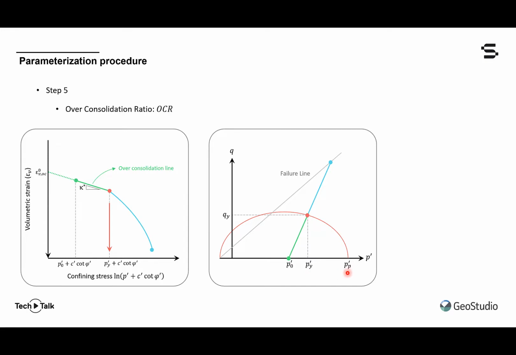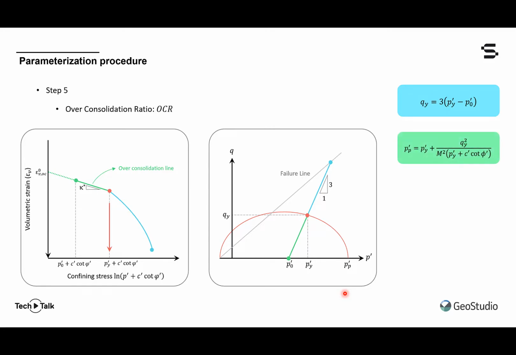These two pressures, however, are not independent. For example, in a 3-to-1 drained triaxial stress path, the deviatoric stress at yield is 3 times the difference between the yield and the initial pressures. So the isotropic pre-consolidation pressure, p sub p, can be expressed in terms of yield stresses using the yield function.